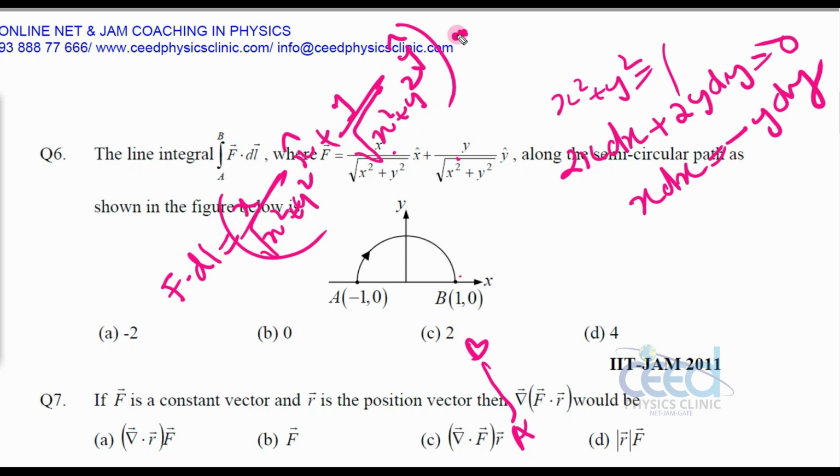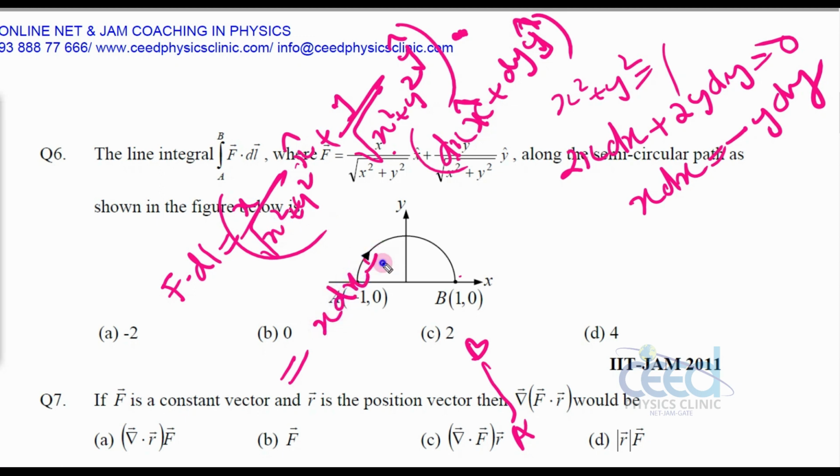What is dl in two dimensions? dl is dx i cap plus dy j cap. So x cap dot x cap is 1, and we get x dx plus y dy divided by root x square plus y square.